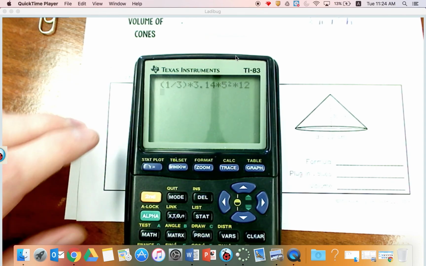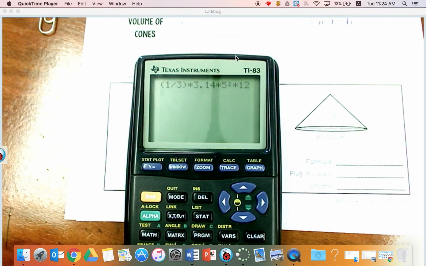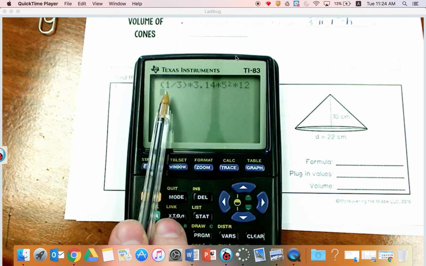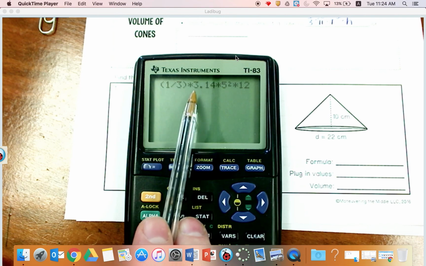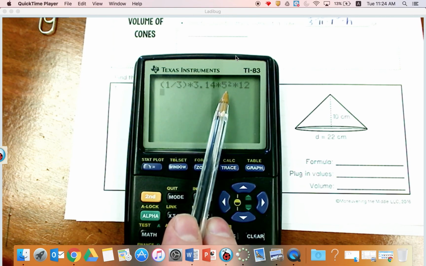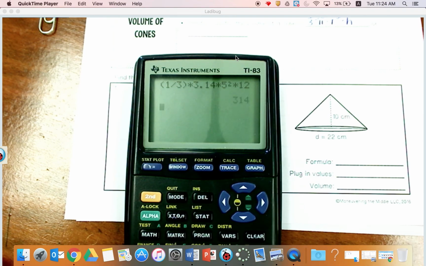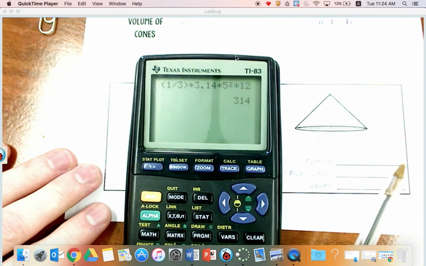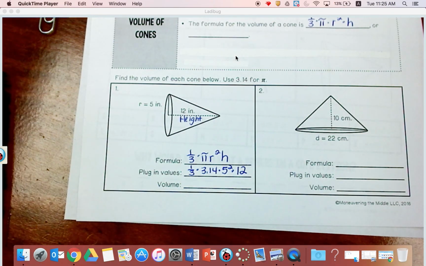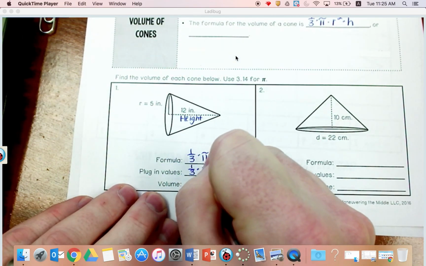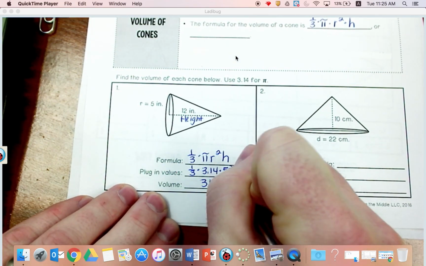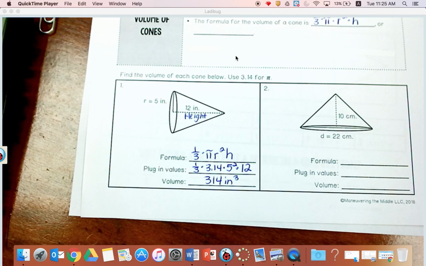Or I can break it up into pieces if I needed to. So I've got 1/3 in parentheses times 3.14 times 5 squared times 12. I hit enter, and it tells me the volume of this cone is 314 inches cubed. So that's one way you can write that.